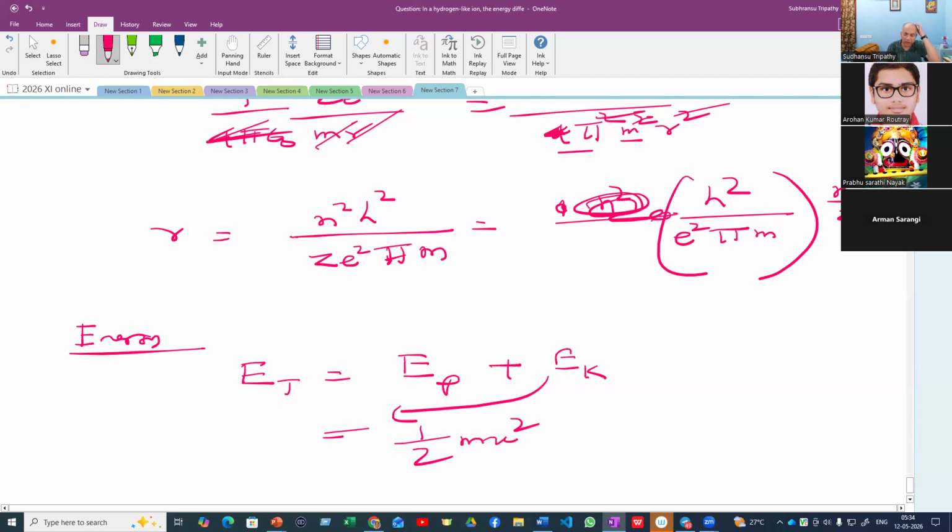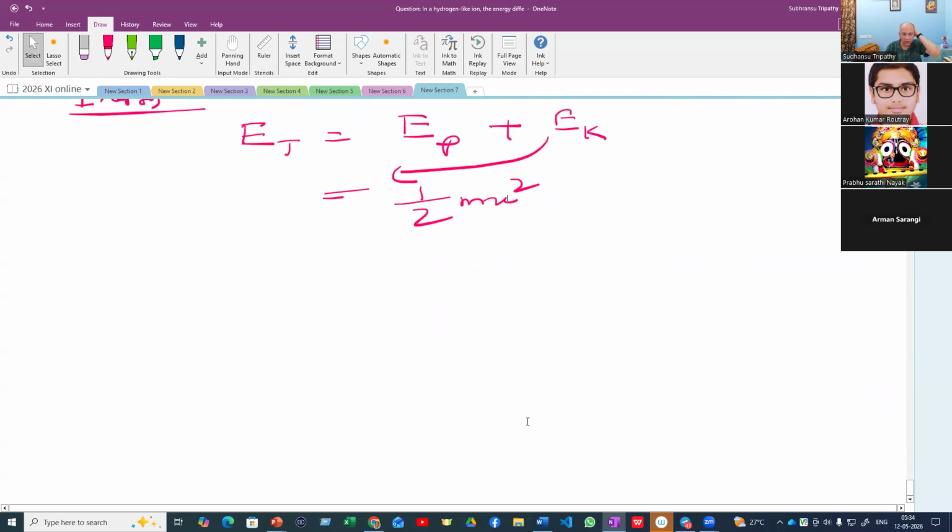And potential energy, here I will tell you a little, you have learned integration, hopefully. To get energy we need force into distance, F ds, for an infinitesimal distance ds. Then we integrate over the entire distance and we get the net work done, and work is converted to energy.